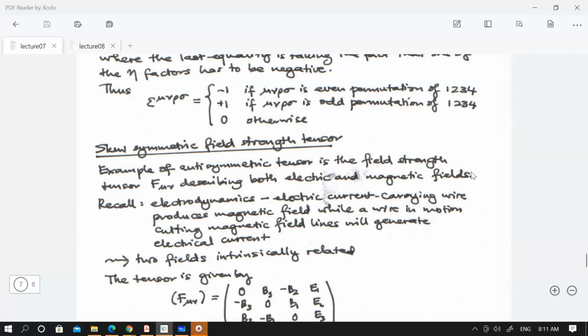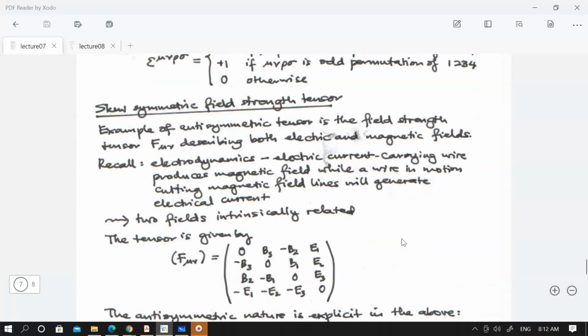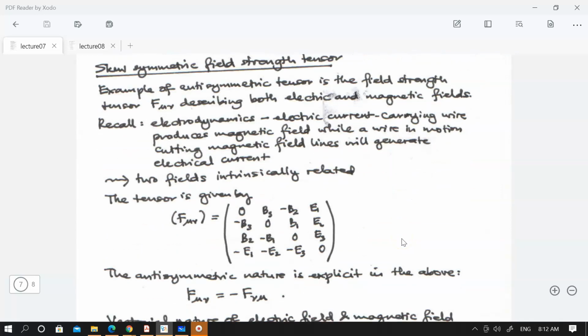And when you go to relativity, the way it's described is essentially by this tensor. The tensor is totally antisymmetric.